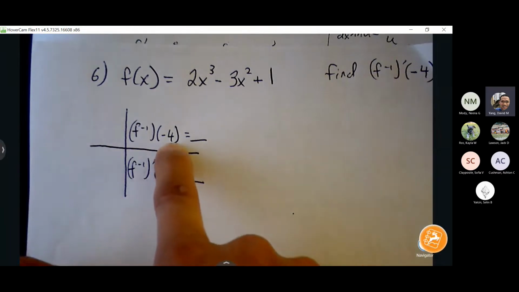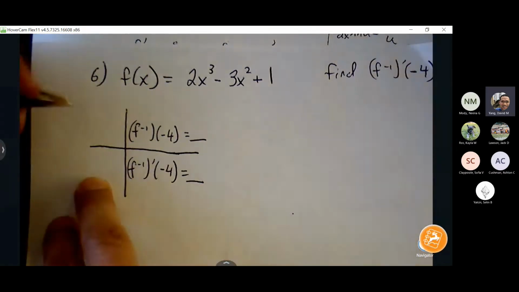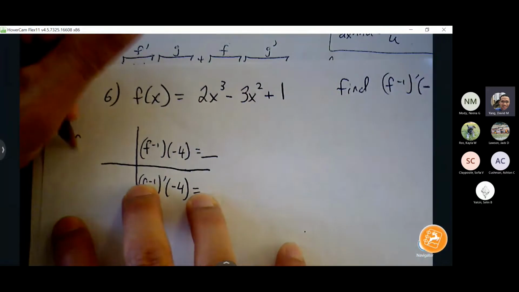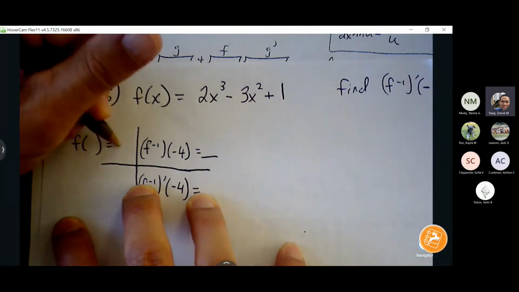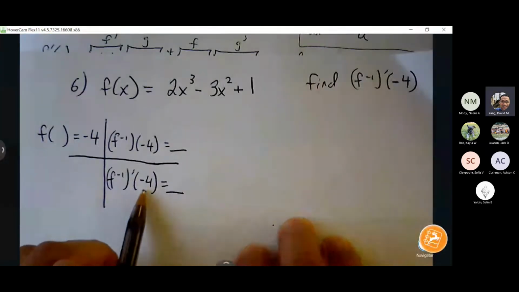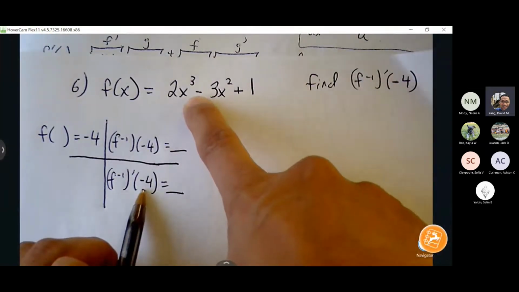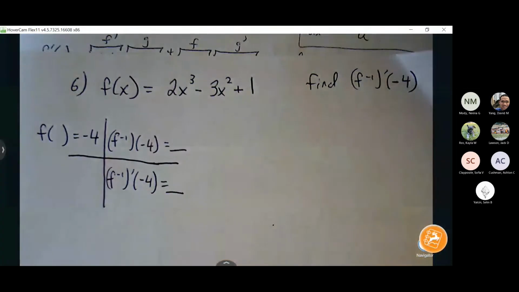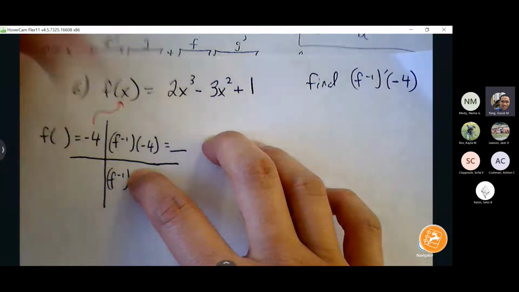So if -4 is the x value of my inverse, then -4 is the y value of my original function. Understand that whatever number they give you is not the x value of your original, it's the y value of your original. But this is how you're going to start the problem.